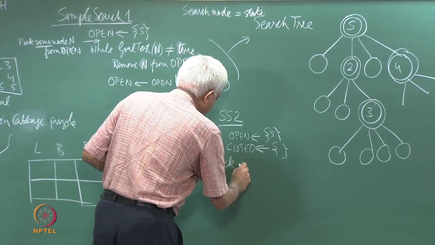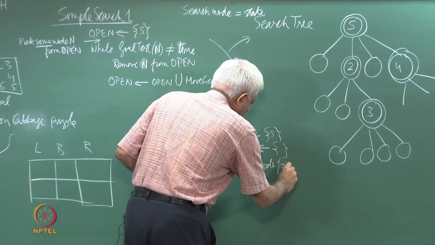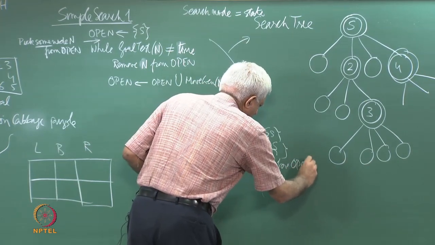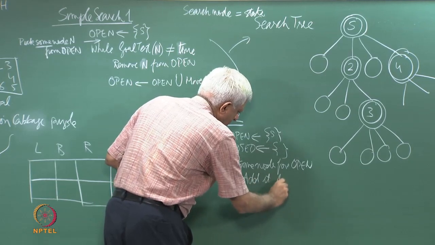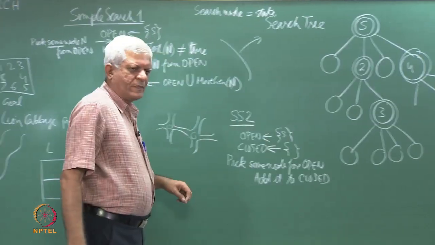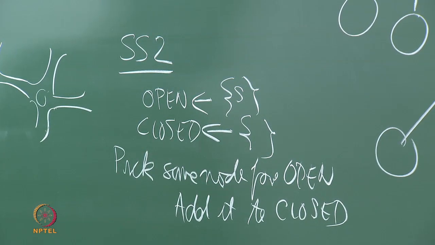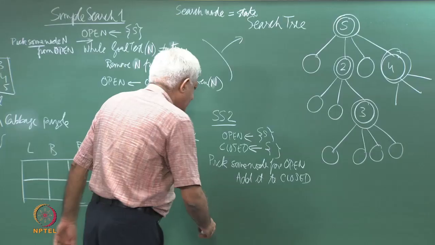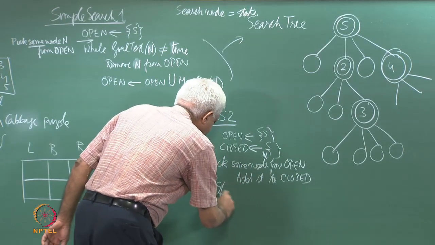So, the same, and the new step which is add it to closed. I can write it in set notation, but anyway I am writing it in English. Then, let us say that node is n as before.